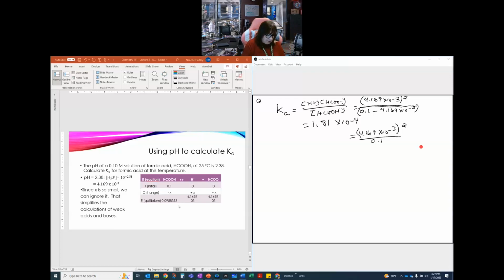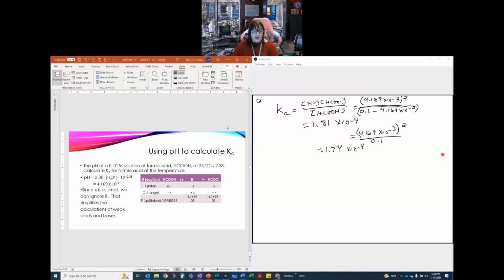And let me calculate it just to make everybody happy. So I take that negative 3, I square it, I divide it by 0.1, and I end up with 1.74 times 10 to the minus 4, which is not significantly different, okay? So again, you can always make the assumption that the x is small. You therefore do not have to include it in this calculation right here. That is perfectly fine, okay?